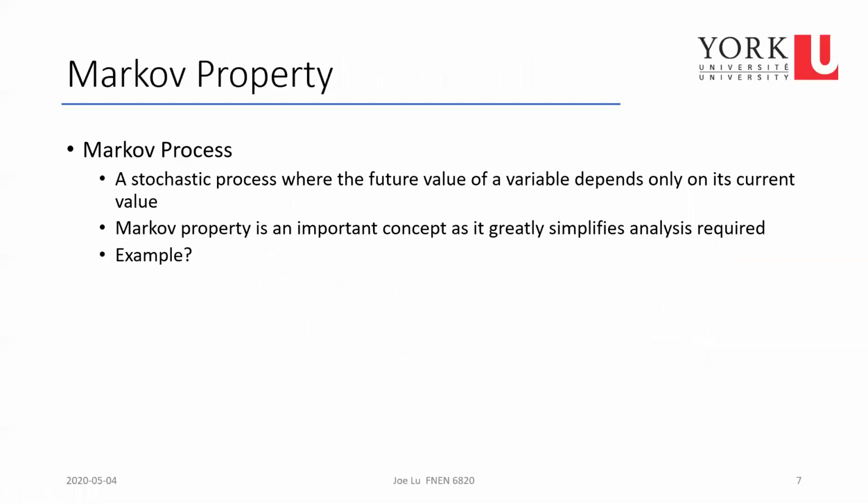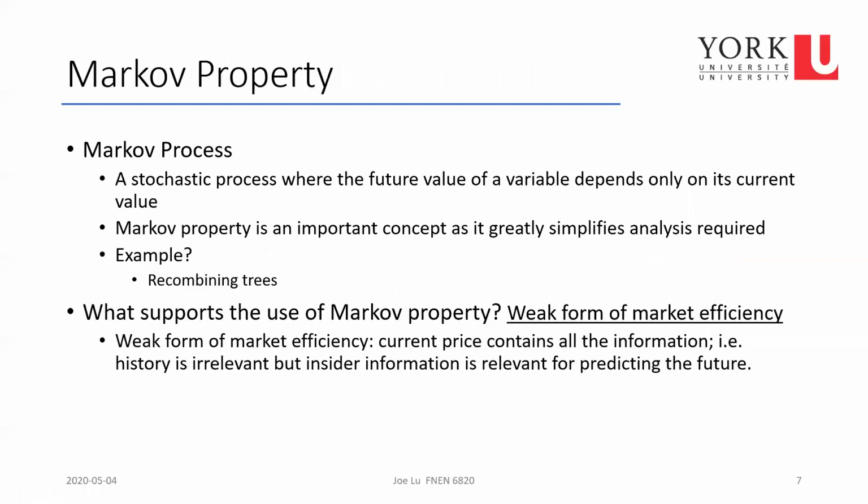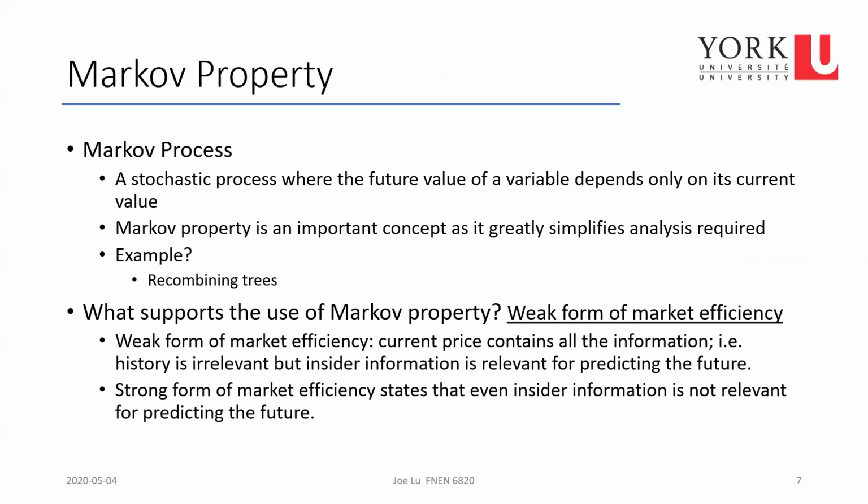Now, what enables us to have the Markov property, right? So we can just assume that, essentially, it's from economic theory, in particular an economic theory called the weak form of market efficiency.